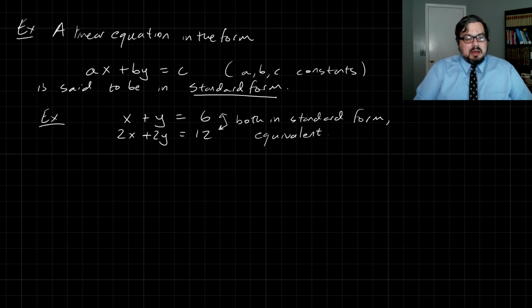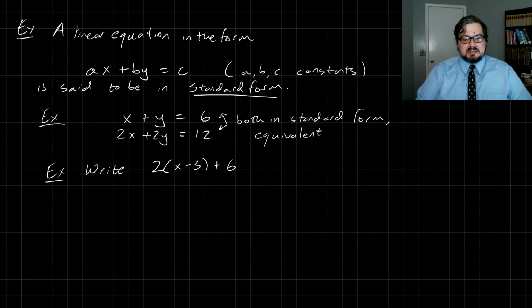Okay, so for another example of a problem that we might run into, we might say write the equation 2 times (x minus 3) plus 6 equals 1/2 times (x plus 2y) in standard form.